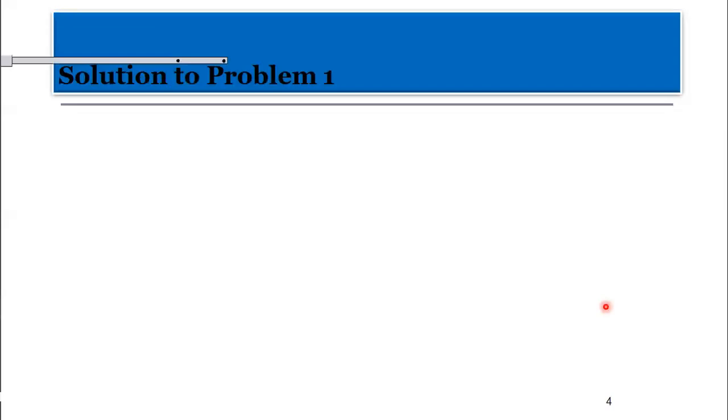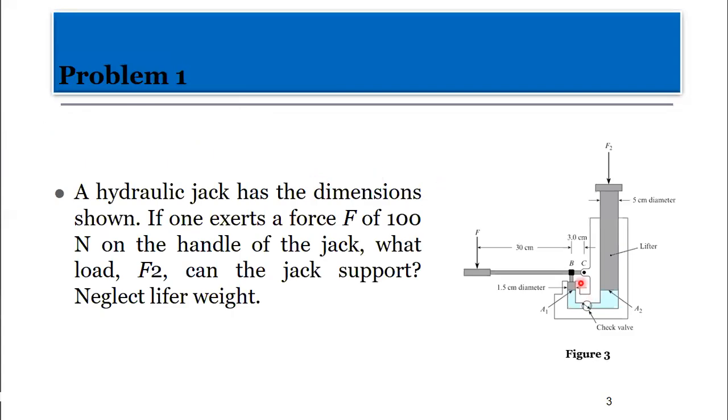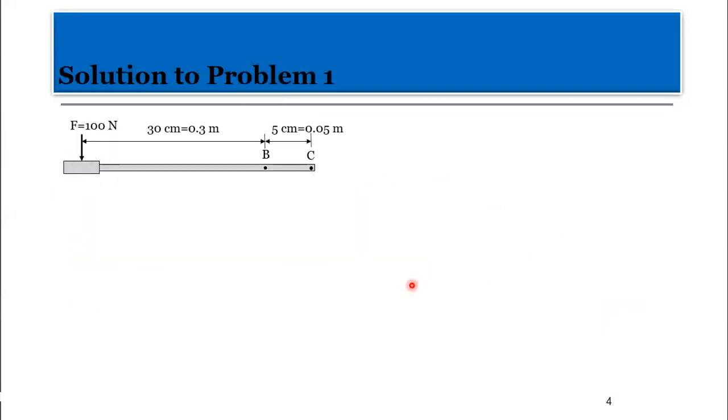All right. So the free body diagram, if we take the lever, now the lever, we have these dimensions there. First of all, the force 100 newtons is here. Remember where the B is, right? And then the C. Over there in the diagram, B is over there and C. So we've just taken that stretch here as the free body diagram, the first free body diagram, okay? Now, the dimensions are as follows: 30 centimeters, which is 0.3 meters, and then 5 centimeters, 0.05 meters, okay?